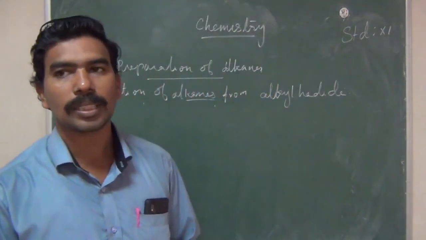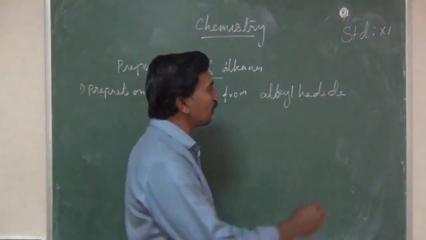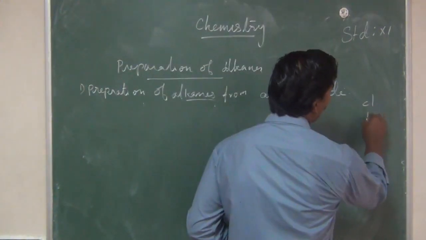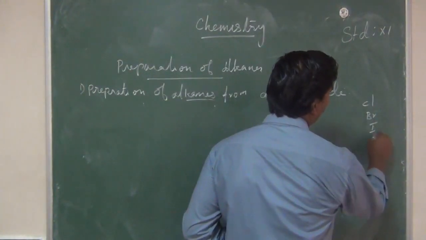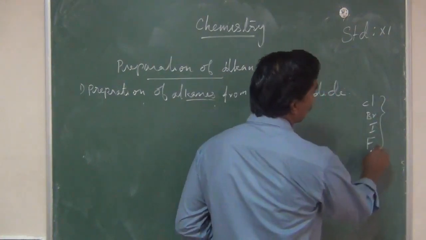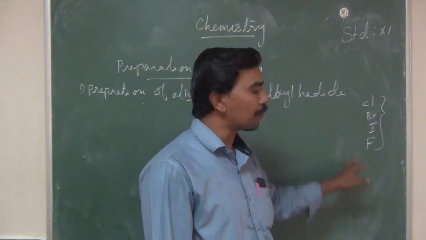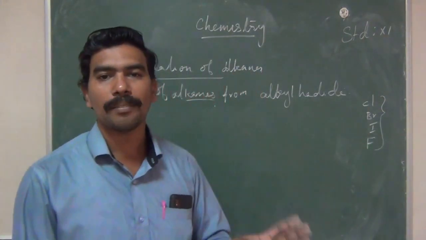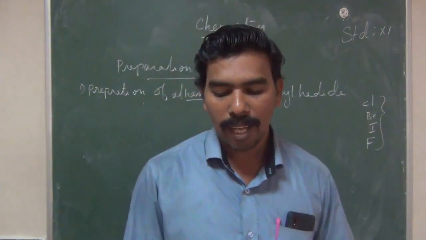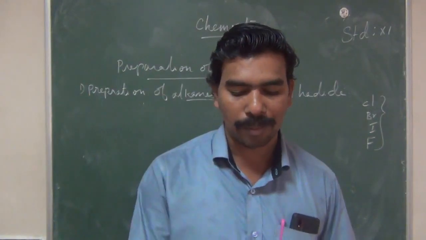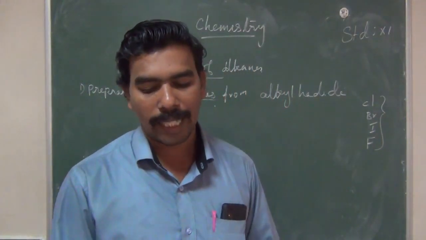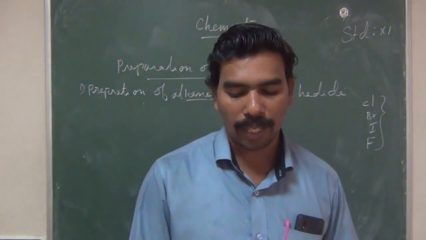You know the halogen group is chlorine, bromine, iodine, fluorine. When chlorine, bromine, iodine or fluorine is combined with the alkyl group, that is the alkyl halide. Now we are studying the preparation of the alkane using the alkyl halide.